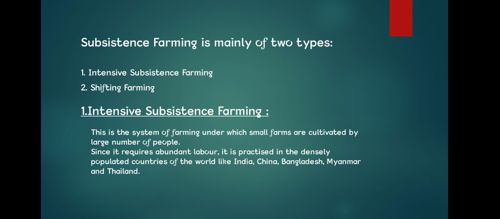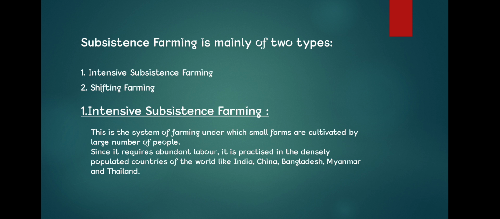In subsistence farming, mainly we see two types. One is intensive subsistence farming and the other is shifting farming. The first one is intensive subsistence farming.